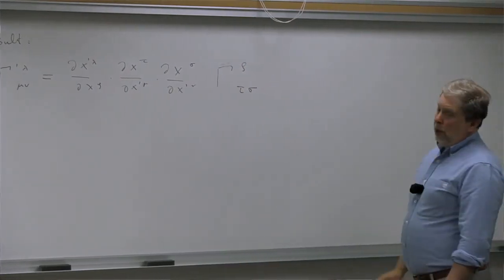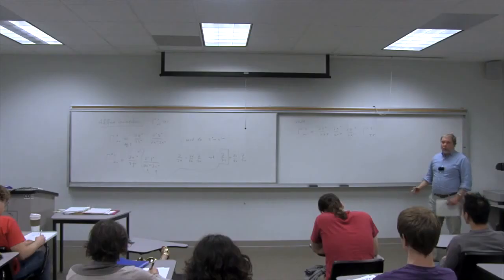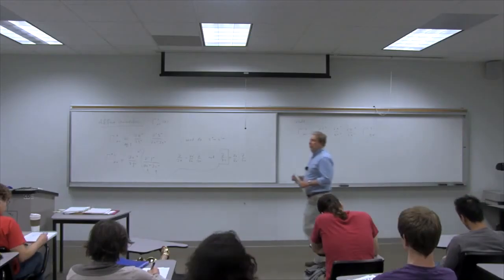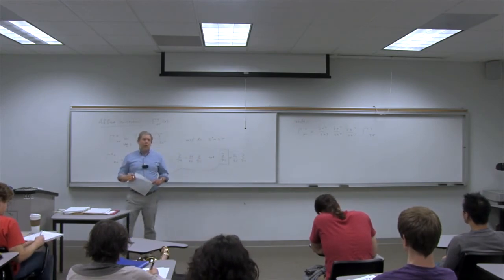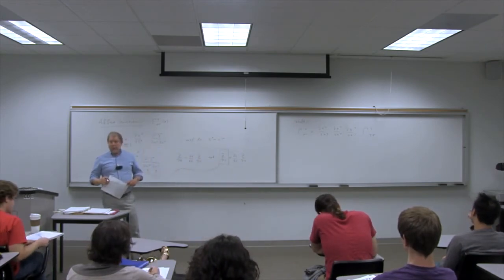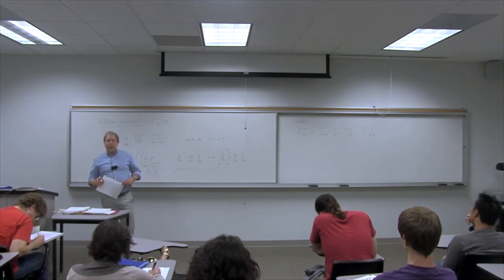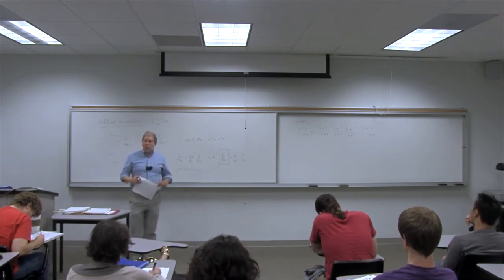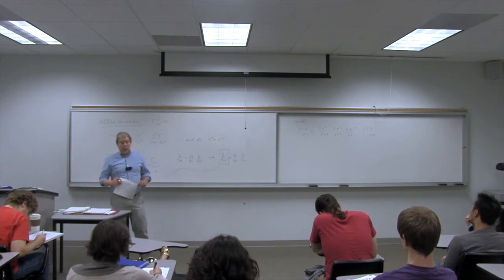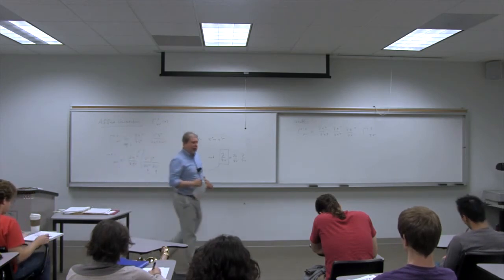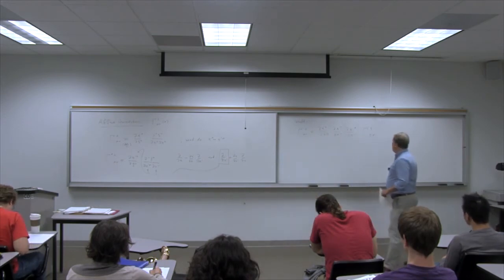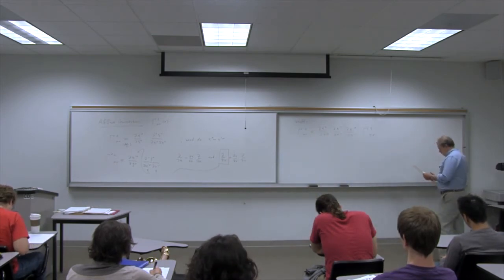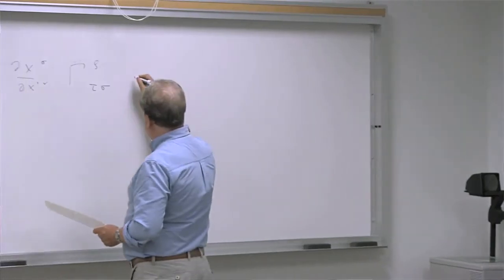Well, if this was the whole answer, then we would conclude that Gamma is indeed a third-rank mixed tensor, which would mean that if it is 0 in one coordinate system, then it will be 0 in all coordinate systems, and that it is a genuine tensor. But unfortunately, that is not the case, because there's an extra piece.